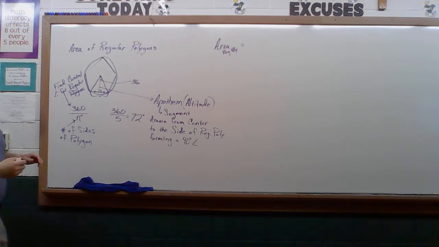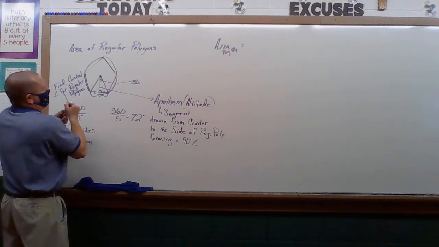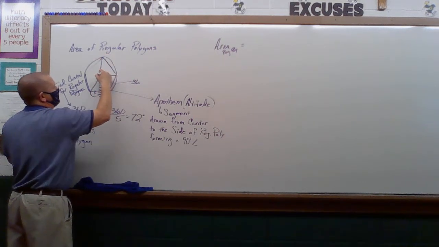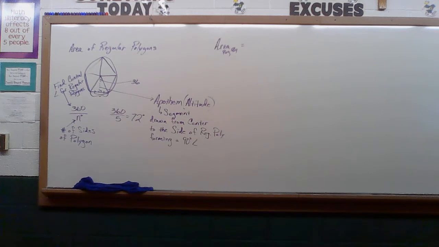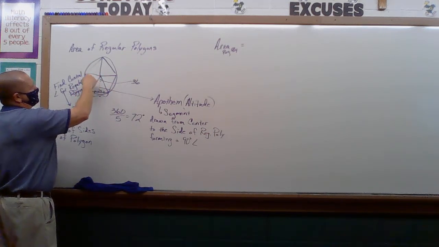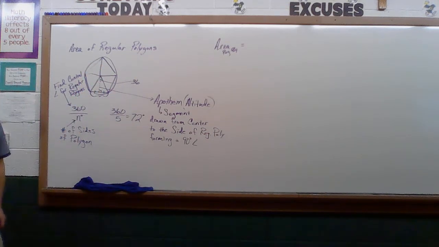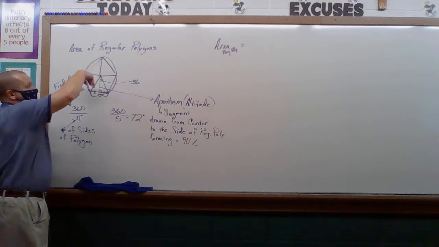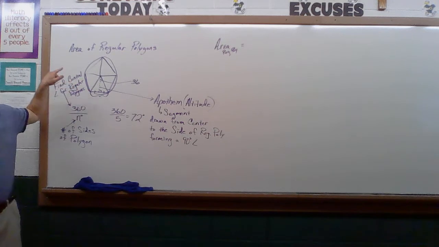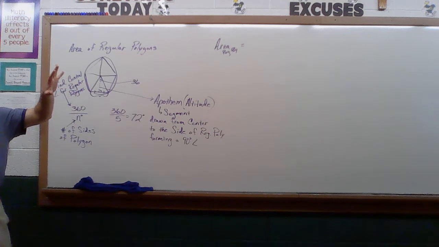So if I went back and replaced my radii that I erased, would you agree that all of those triangles that I just made would be the same thing? Because each one of these has to be the exact same thing because all the radii would have to be the same measure. And if it's a regular polygon, like the lady said over here, each of my sides on the outside would have to be the same.